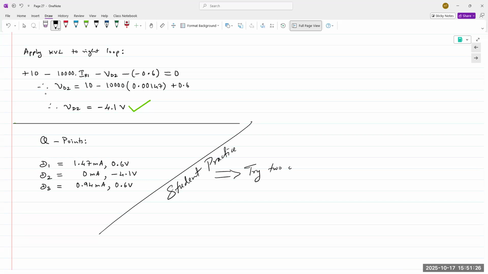Try at least 2 or more assumptions to solve this circuit. Meaning assume that diode D1 is off, D3 is off, and any other combination you want. Just as practice. Also try the ideal diode model, and you should be able to obtain the exact same results.